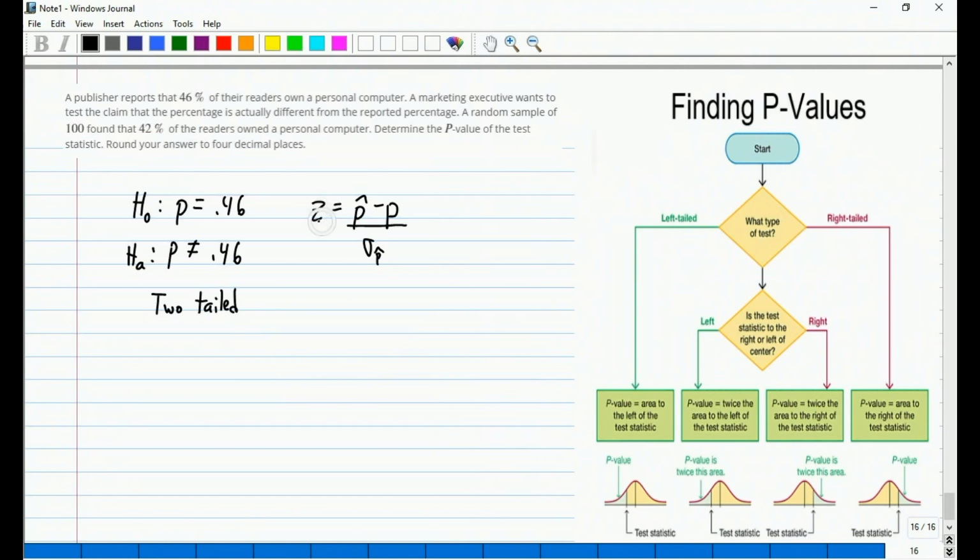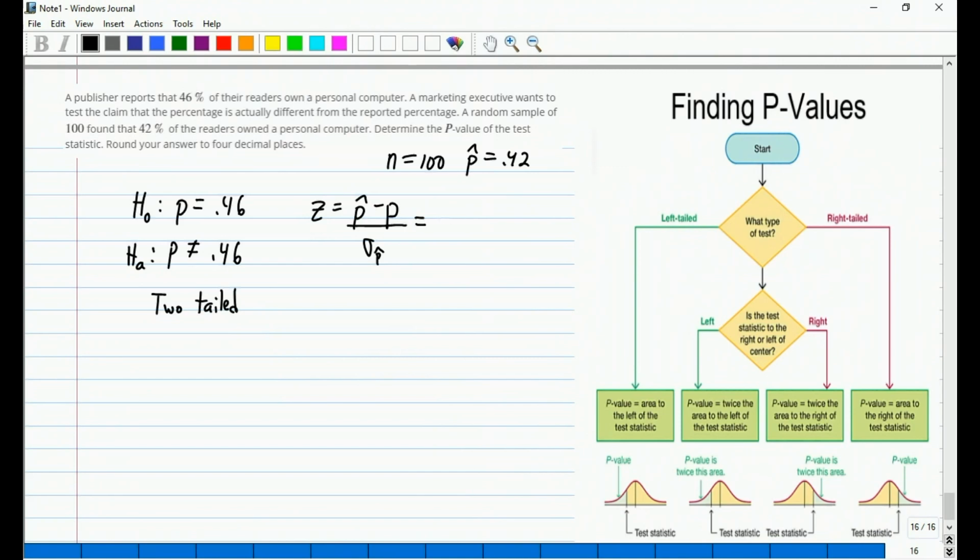Once we figure this out, we'll follow our little directions and figure out our p-value. We have n equal to 100, and p hat equal to 0.42.